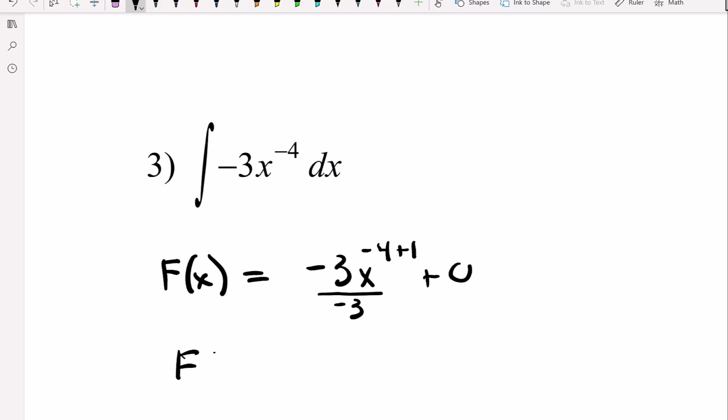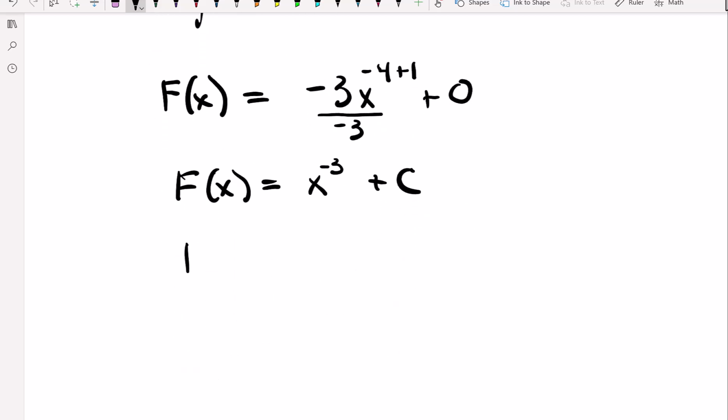And then we'll put plus 0. So that becomes x to the -3rd plus C. And so what I'm going to write this as is 1 over x cubed plus the uppercase C.